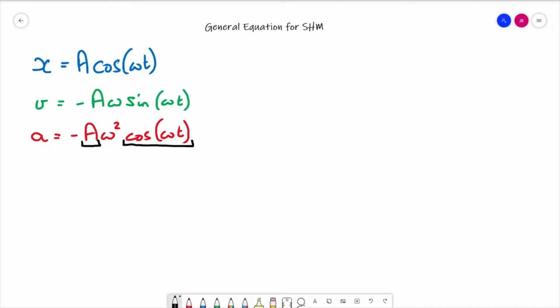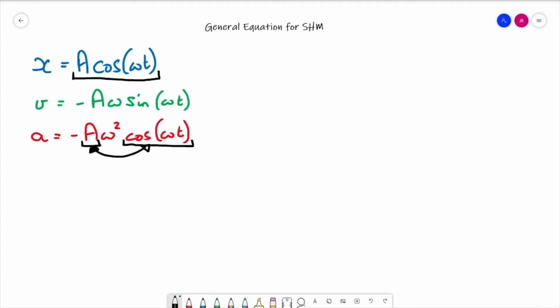If we go back up to the original displacement equation, we can see that displacement is a cos omega t. So in the acceleration equation we can now get rid of these two bits, the a and the cos of omega t, and we can substitute back in the displacement that we originally came up with from the equation point of view.